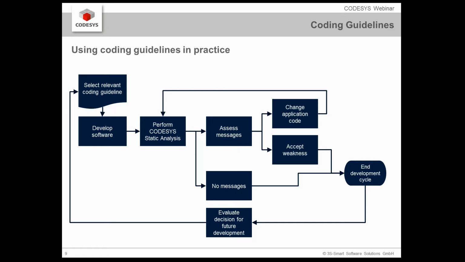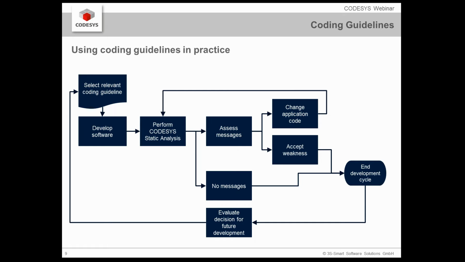If there are some assessment messages, you have then two choices. The first one is that the weaknesses are accepted, and that can be done by adding some pragmas in the IEC 61131 code.